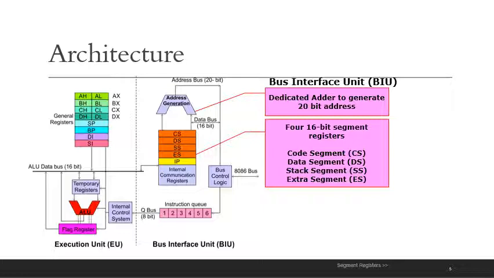Also, the bus interface unit consists of 4 segment registers. Each segment register is of 16 bits. The segments are present in the memory and these registers hold the address of all segments. We will discuss the registers in the following slides.